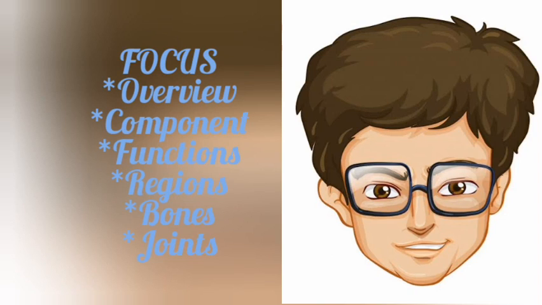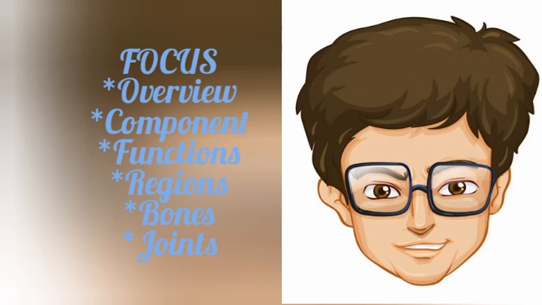From this first note, we are going to give an overview, after which we are going to give the components of the head, after which we are going to give the functions of the head, after which we are going to give the regions, after which we are going to give the bones.